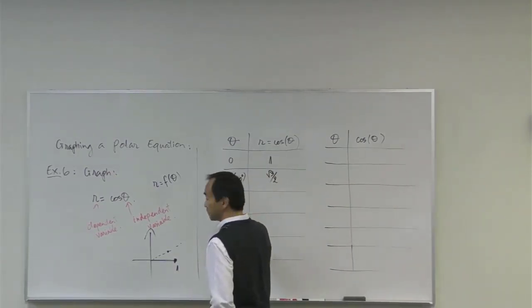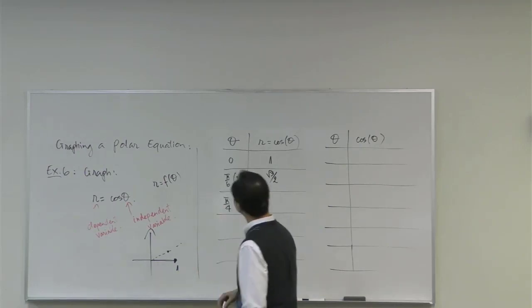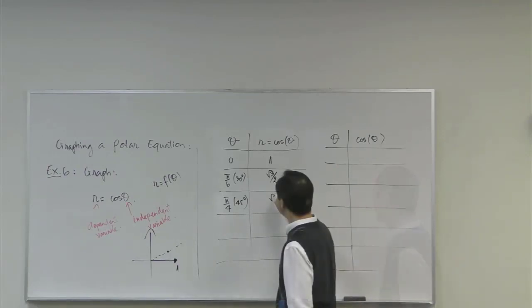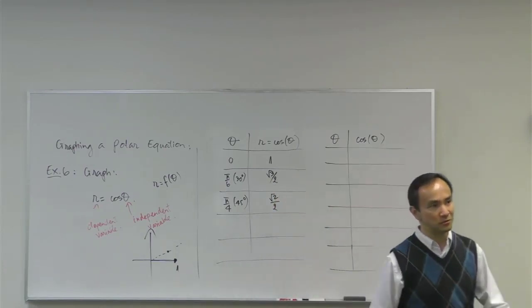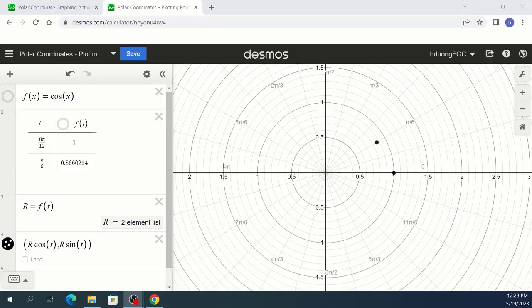Going up, which is 45 degrees. The cosine value of that is root 2 over 2, yes. On your graph here, it pops out a point right about here.